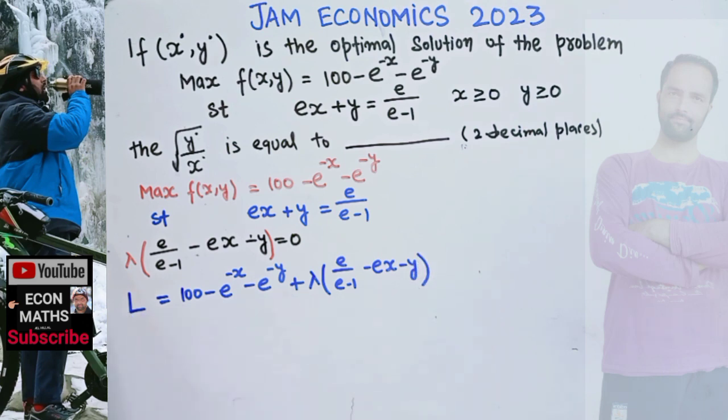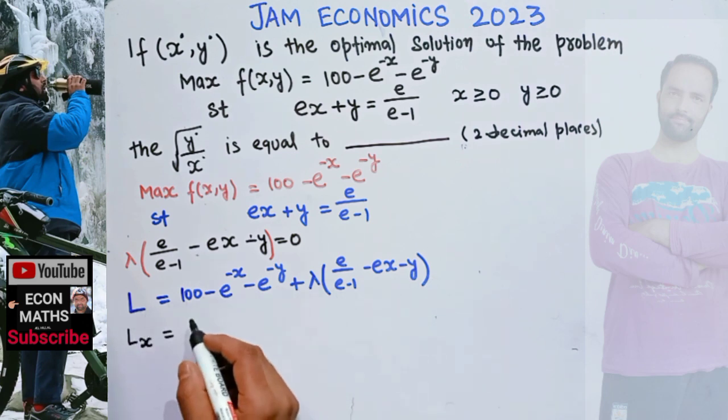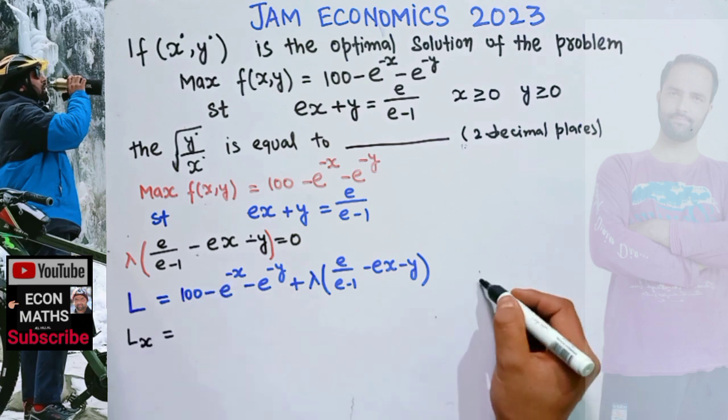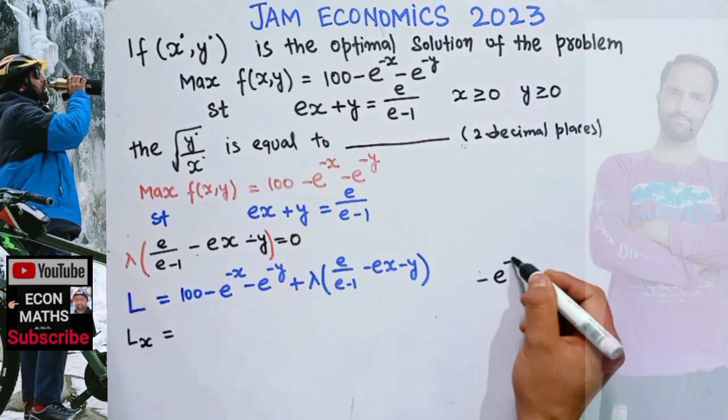Now to find the optimal values of x and y, we partially differentiate this Lagrange's function first with respect to x and set it equal to 0, and then with respect to y and set it equal to 0, and solve them simultaneously. Let's take the partial derivative with respect to x. L_x means the partial derivative of this Lagrange's function with respect to x. Here we have the function 100 minus e^(−x).